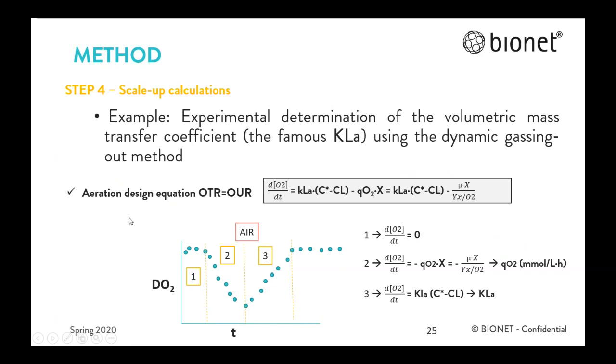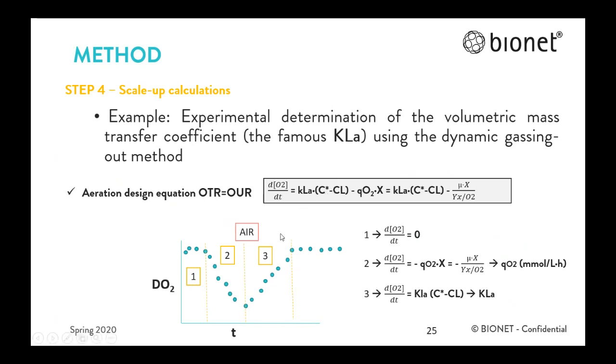On the other hand, for the determination of the oxygen uptake rate of our microorganism, in a similar way to the dynamic method for the determination of the oxygen transfer rate, a technique proposed by the authors Taguchi and Humphrey measures the respiratory activity of microorganisms which are actively growing in the bioreactor.